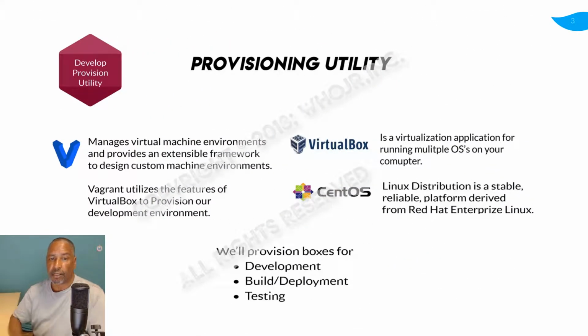The provisioning utility utilizes Vagrant, and Vagrant has an extensible language through the Ruby language, so we'll use Ruby to actually build up our Vagrant file in order to support the features which we need when we begin spinning up these environments. We're going to utilize VirtualBox, which will be our virtualization host, and we'll spin up boxes of CentOS 7.